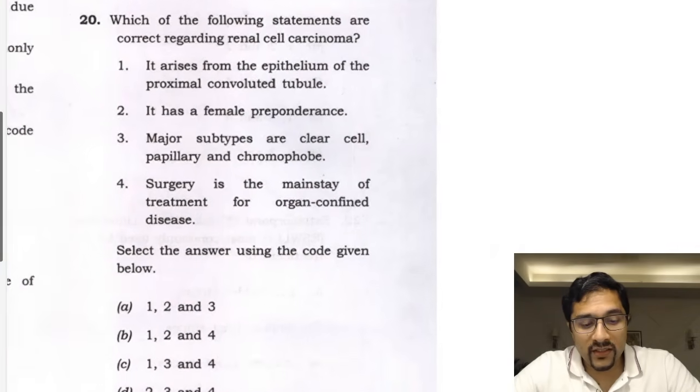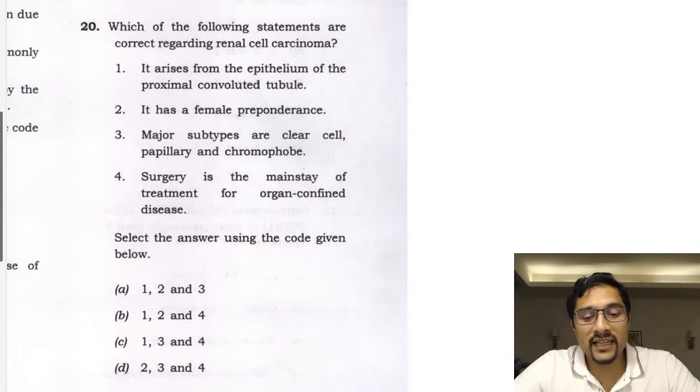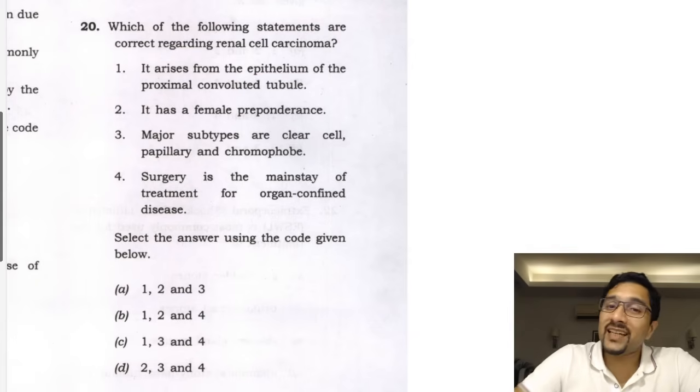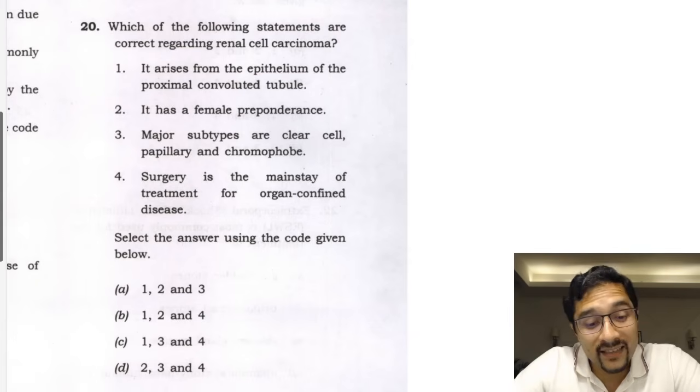The next question was regarding renal cell cancers. Renal cell cancers mostly arise from the epithelium of the proximal convoluted tubule. We know that the most common RCC is the clear cell type, and clear cell does arise from PCT, so this is correct. Female preponderance, wrong. It has male preponderance. Major subtypes are clear cell, papillary, and chromophobe.